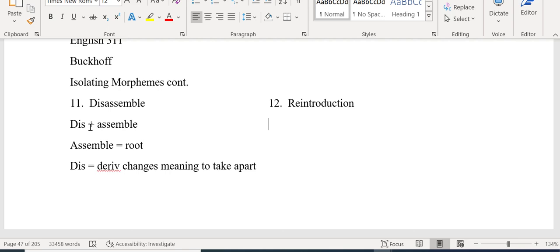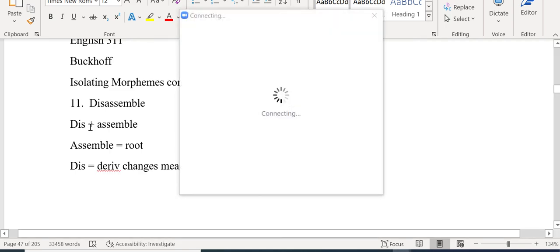Okay, let's look at reintroduction. So how many morphemes do we have here? We'll stop at 2. I won't go beyond 2 o'clock today. We'll take about 9 more minutes. Let me look at my clock. Yeah. The longer this recording goes, the bigger it is to produce.